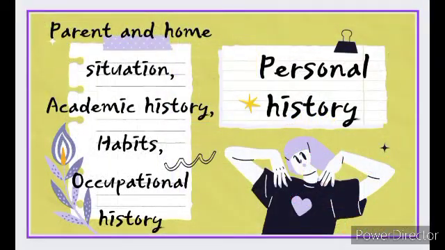After that, personal history: parent and home situation, academic history, habits, occupational history, etc. So personal history is the client's own history. We can write parent and home situation, like whether it is comfortable, friendly, cohesive, or relaxing, whether there is emotional quotient, so much gathering, so much comfortability.